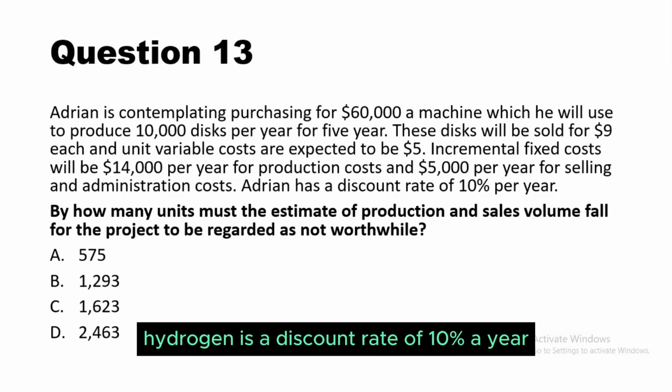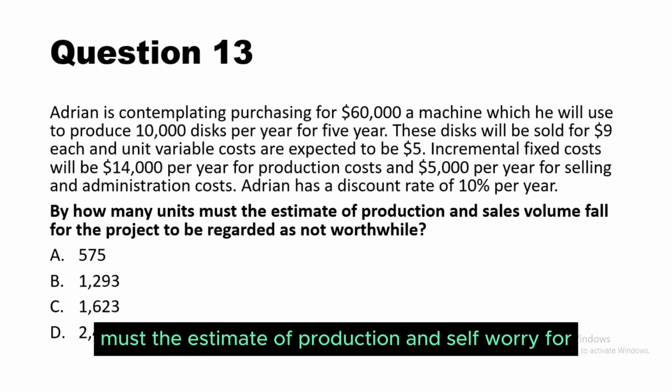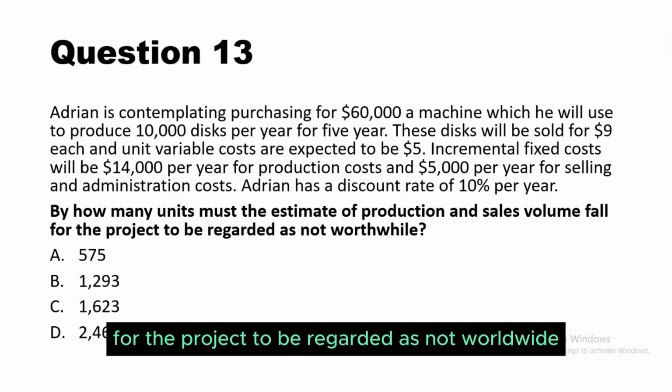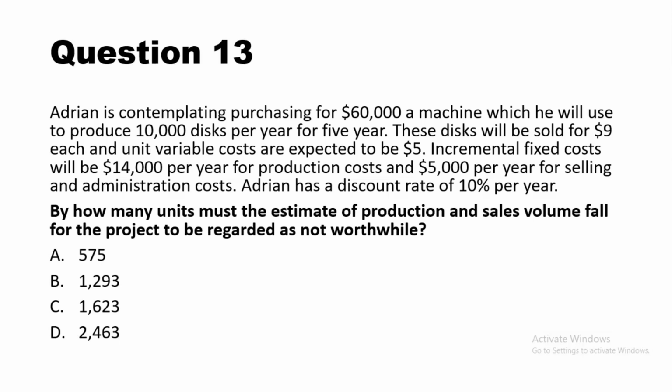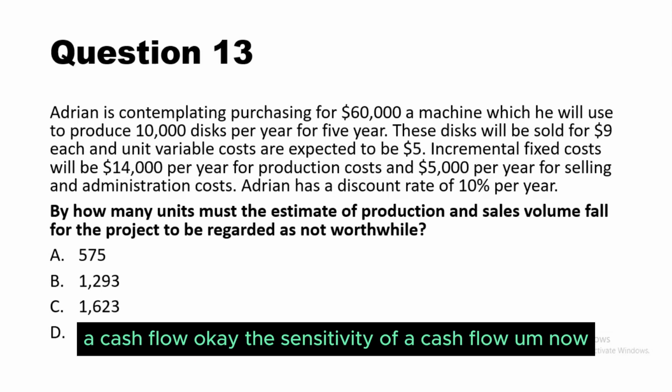Adrian has a discount rate of 10% per year. By how many units must the estimate of production and sales volume fall for the project to be regarded as not worthwhile? Okay, here we are being indirectly required to calculate the sensitivity of a cash flow.